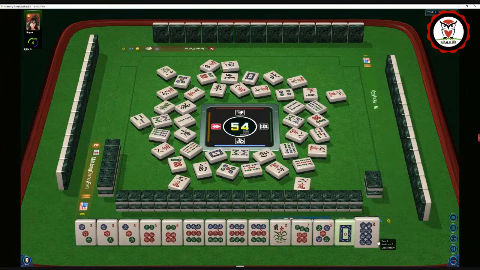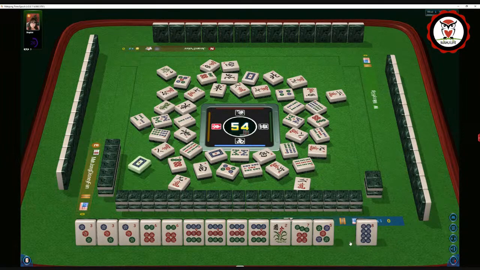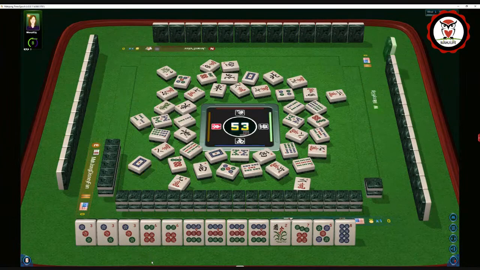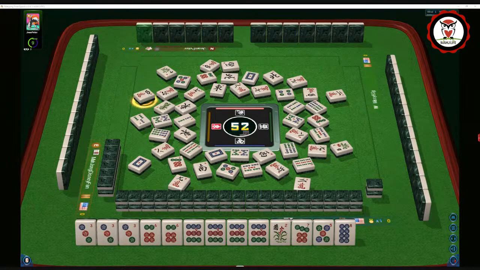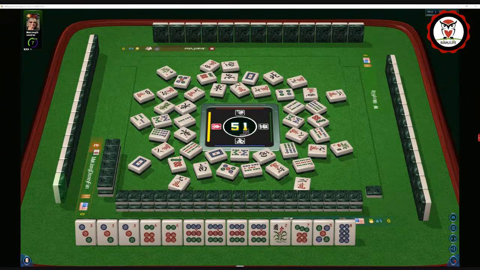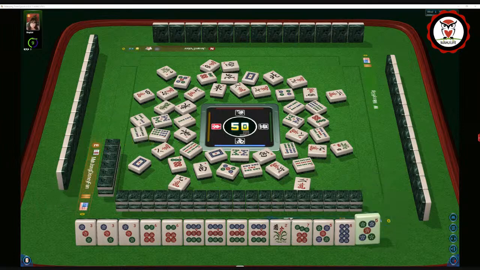Although maybe we could switch to 5, 7, 9 dragon. But we would have to let go of a pung and a pair. No, I would not do that. We're going to leverage these multiples. Flower. 4 characters. 4 bamboos.